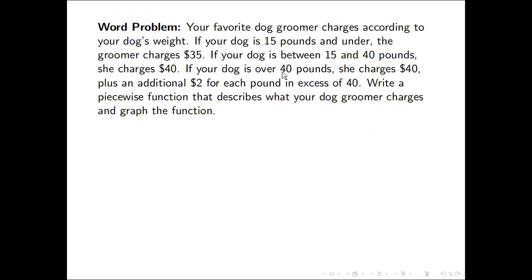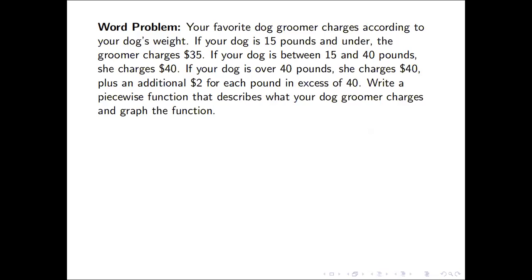If your dog is over 40 pounds, she charges $40 plus an additional $2 for each pound in excess of 40. Okay? So if it's less than or equal to 15 pounds, price is 35.